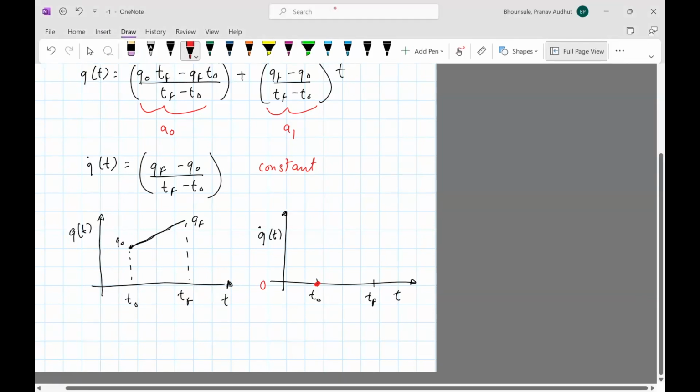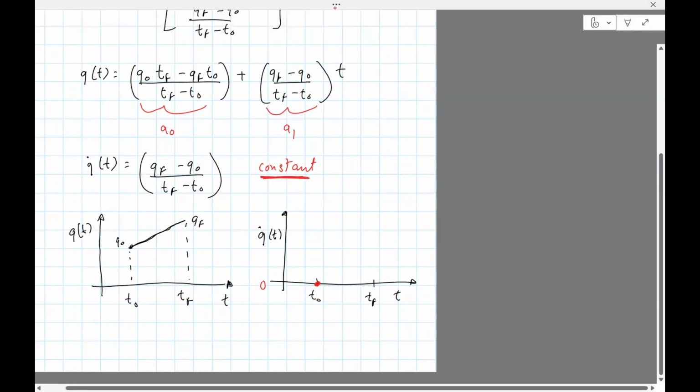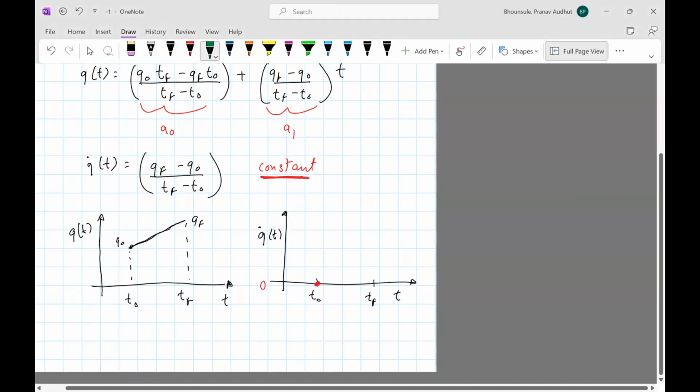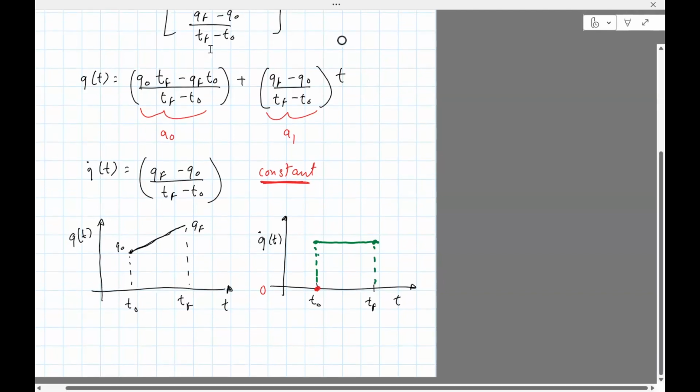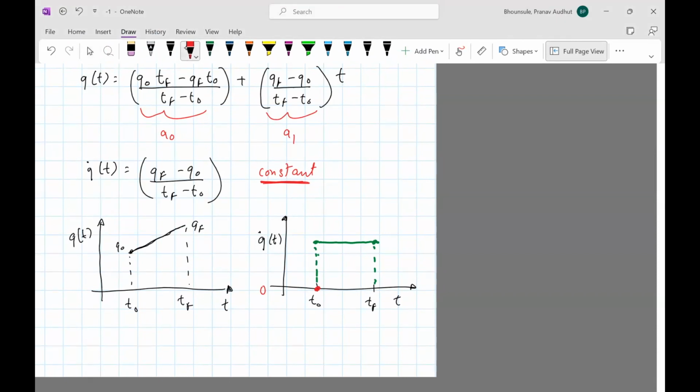And then you can see that the velocity is constant for the whole maneuver, which means that now the velocity is going to be a constant value. And then after TF, it again has to go to 0, because it has to come to a stop. If it's not 0, then the manipulator will fly away to a different position. So we see that there is a discontinuity in the way the velocity is achieved.